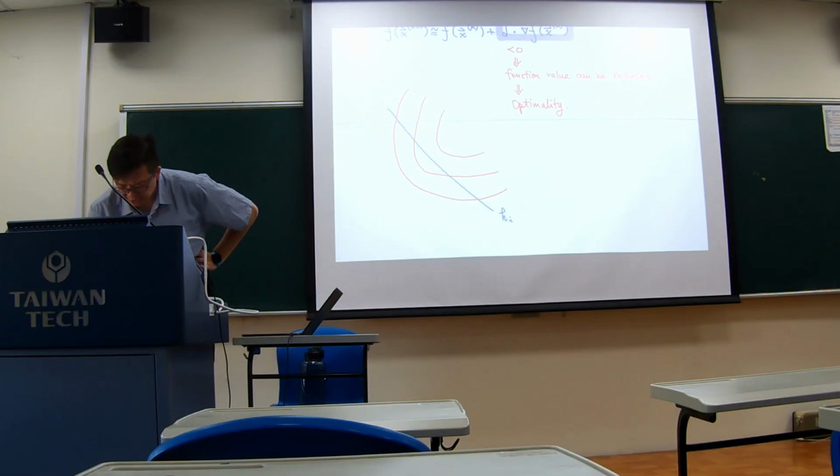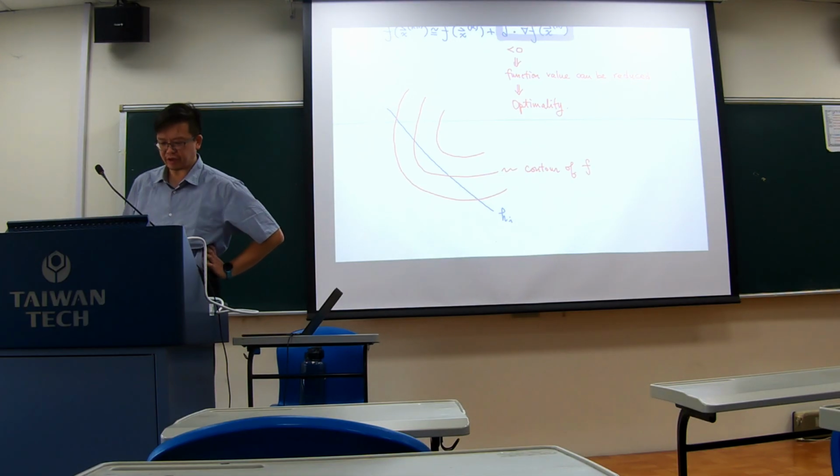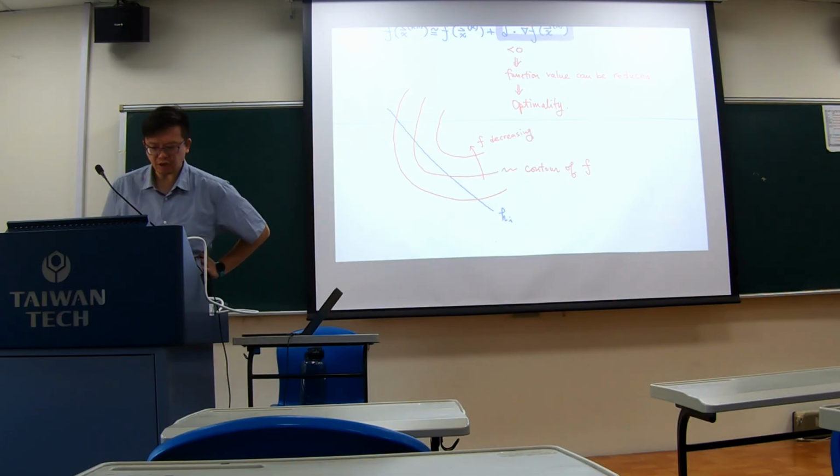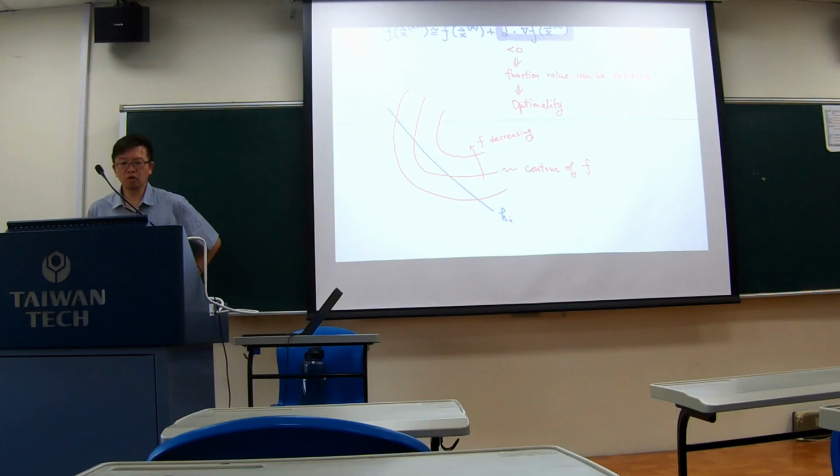Okay, so let's say this is the contour of f. And let's say along this direction, f is decreasing. At the beginning, here is your xk.